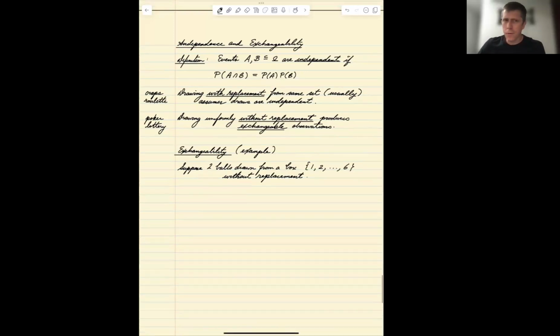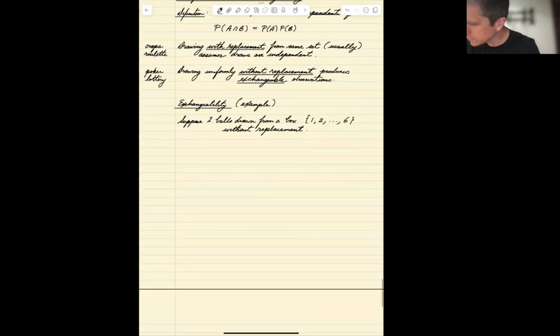What's the probability that the first ball is a 2? We know how to do this. We're going to draw 2 balls. The first ball is a 2 and the second ball is anything.